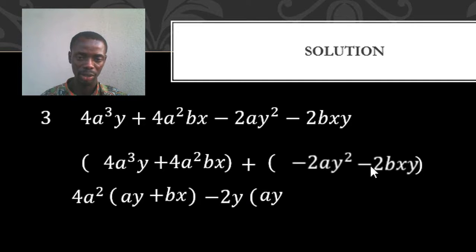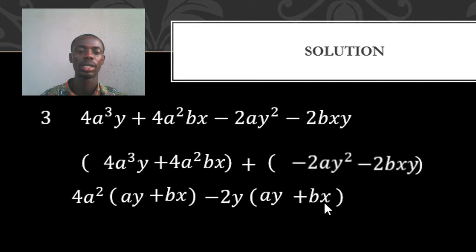This negative also cancels out this negative, and they become positive. Then plus bx. Just do the division and you will understand how I got this. What is there divided by minus 2y gives ay. What is there divided by minus 2y gives bx. And that's it.